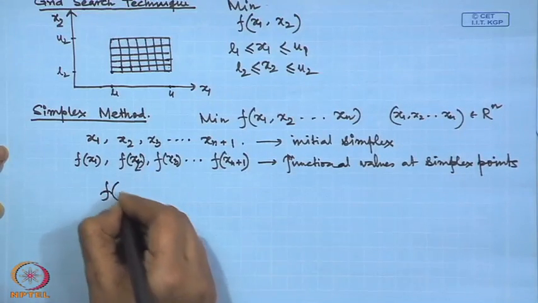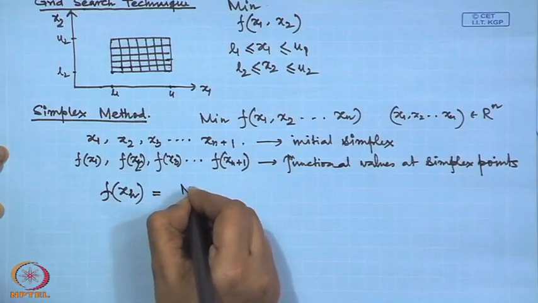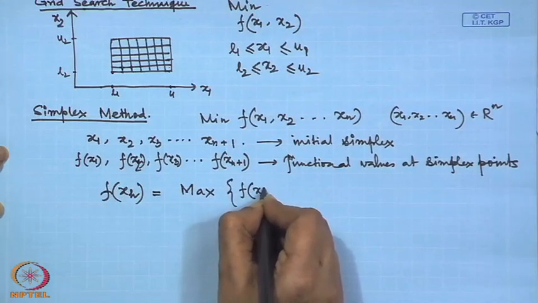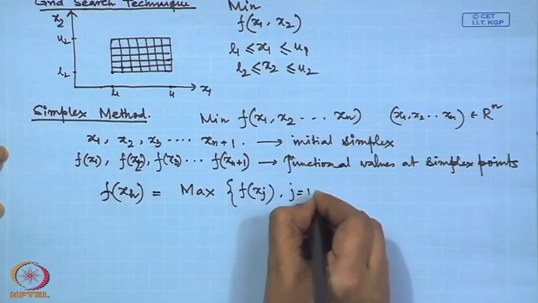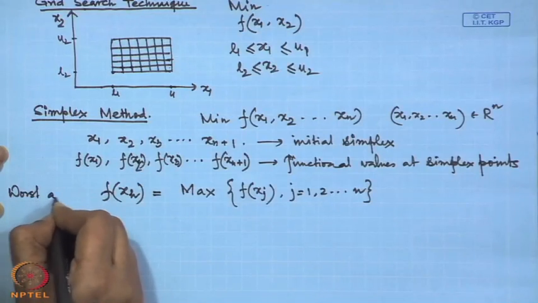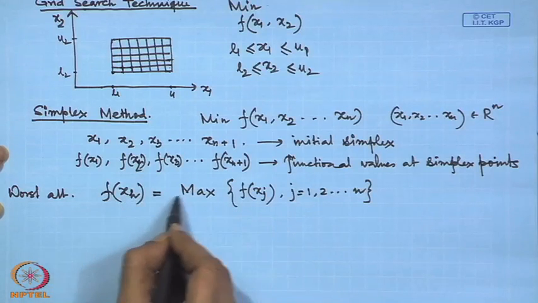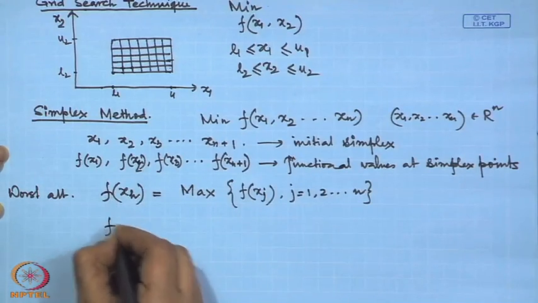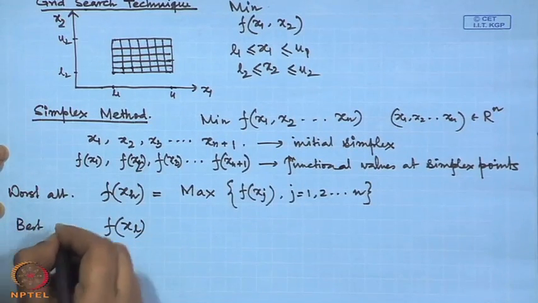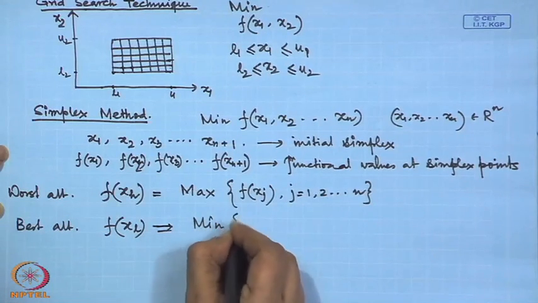The worst point, let me call it xh, is the maximum of all f of xj, where j runs from 1 to n plus 1. This is the worst alternative for me, since the problem is one of minimization. If we do a maximization problem, this is the best selection for us. And we will select the best alternative within this set by considering the minimum of all these functional values.